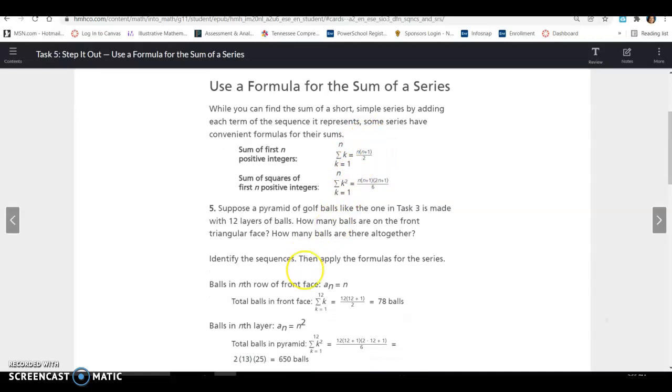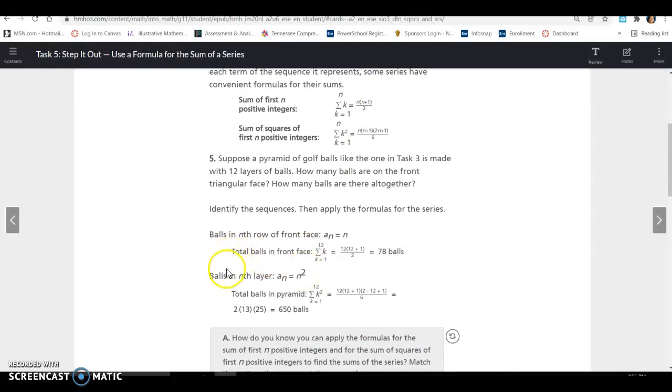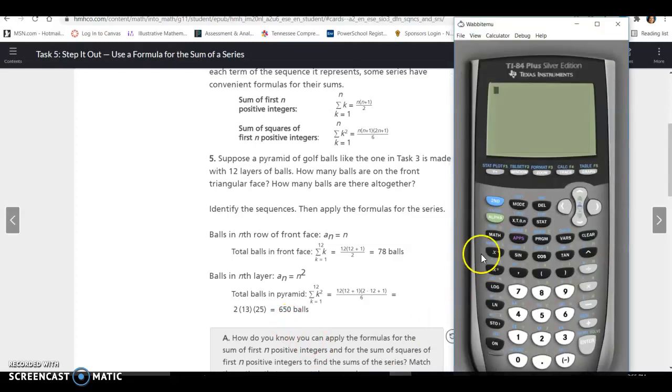Also, you can use your calculator as well. So the same thing goes for here. So the total balls in the pyramid from 1 to 12 would be k squared. And again, you can use this formula here for k squared. So all they did was plug in these numbers for the formula, and we can check it using our calculator.